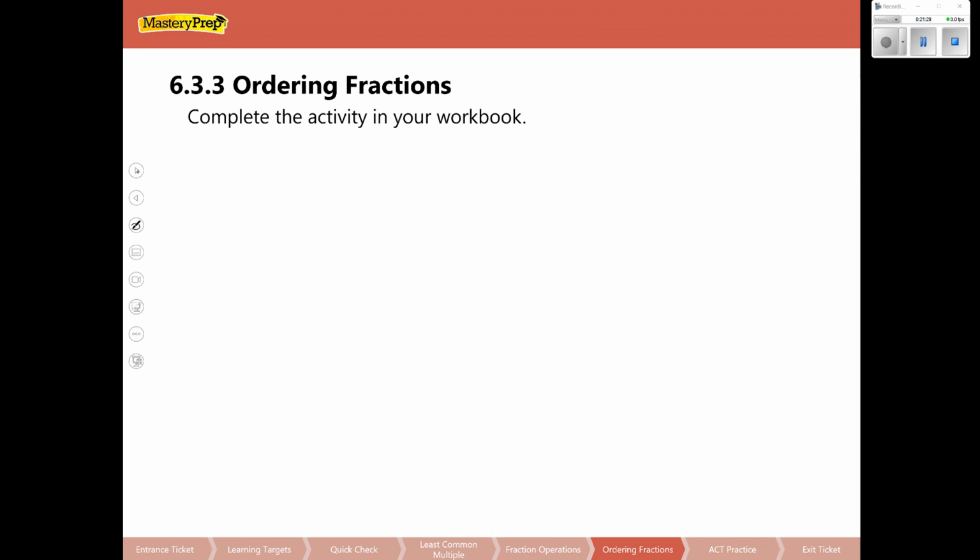So, I said, ordering fractions. Ordering fractions and numbers. This is the last part of the lesson before the activity. Is this where you just add them all later to the decimal? Yes.